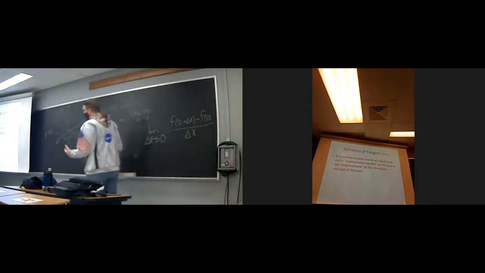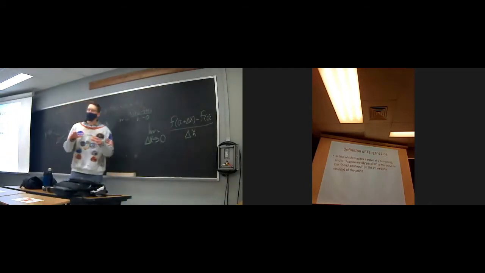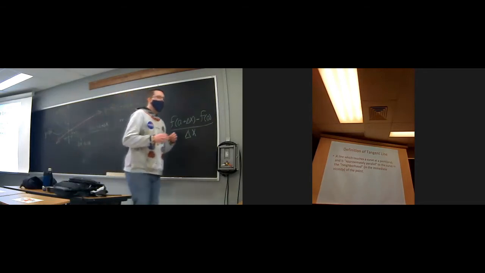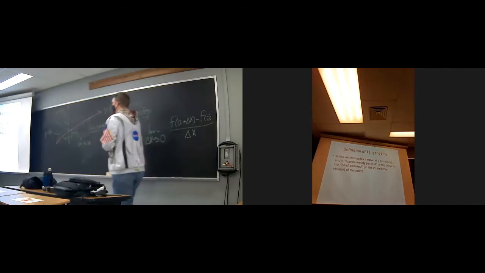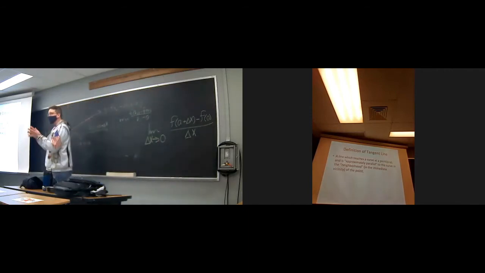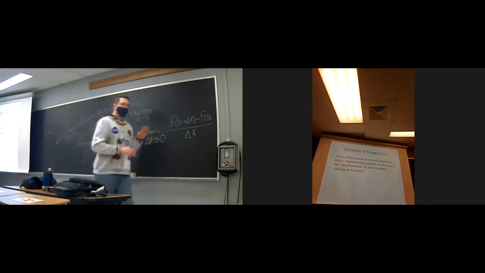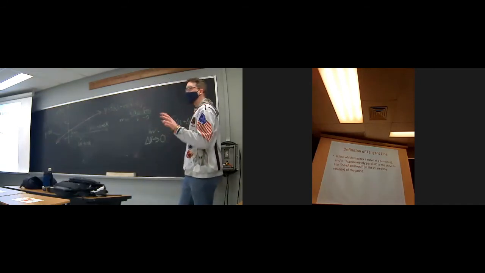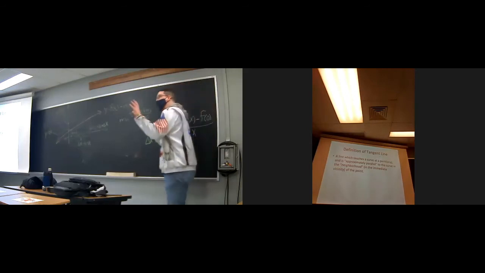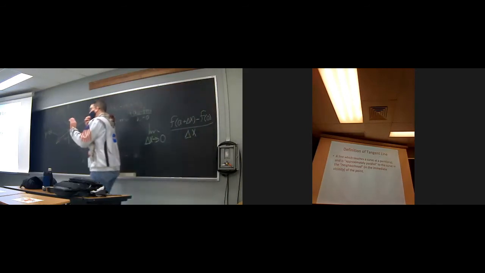A tangent line is a line that touches your graph at one point, and in the immediate vicinity of that point, our graph, our curve, and the tangent line look to have about the same slope. They look almost parallel immediately around that point. Does this make sense to everybody?